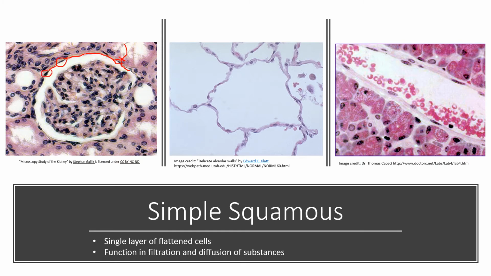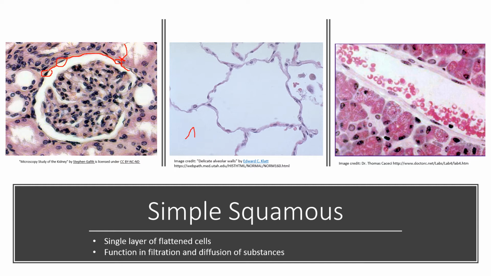So the bulges are nuclei for these simple squamous epithelial cells. And the line that I'm talking about is basically where you have cytoplasm and plasma membrane. So you can see that this type of tissue is exceedingly thin, which is going to aid in the filtration and diffusion of substances within the body.